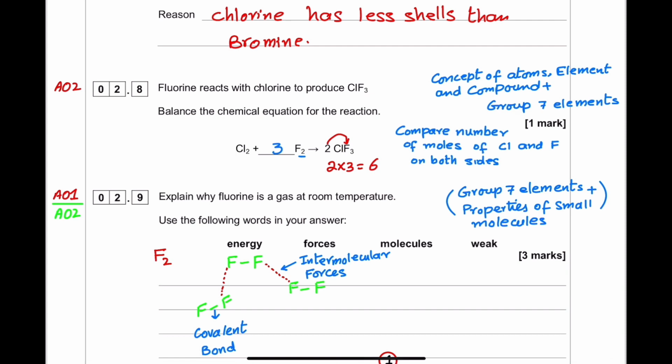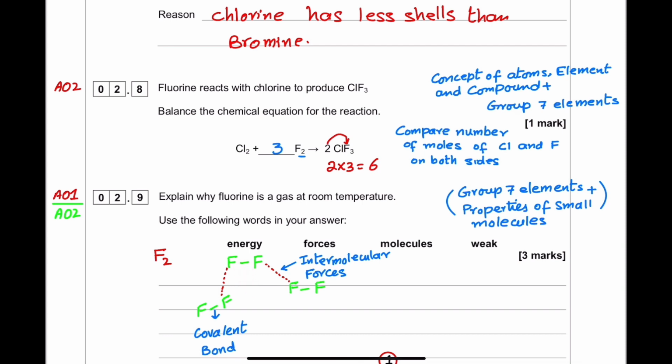When they are using the information, they are mentioning to break these bonds present between the fluorine atoms. When we provide the energy, it is used to break these intermolecular forces. The energy is not used to break these bonds.